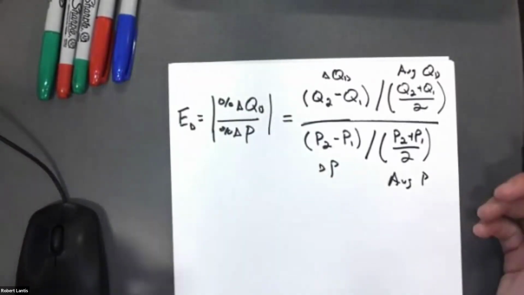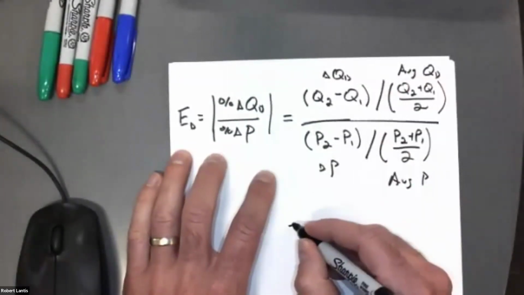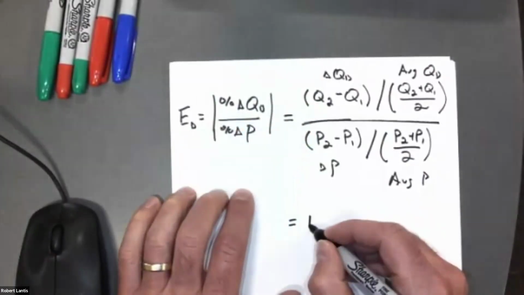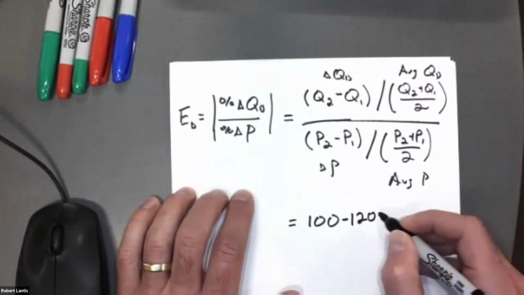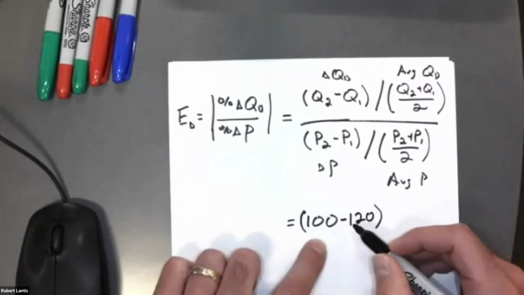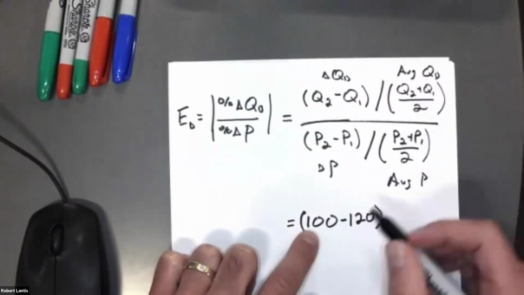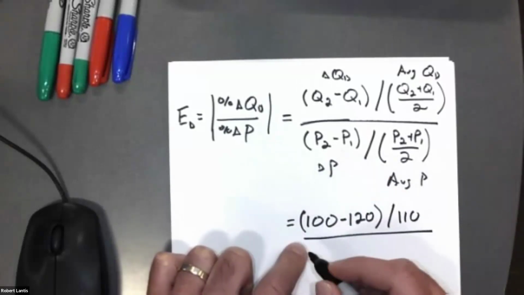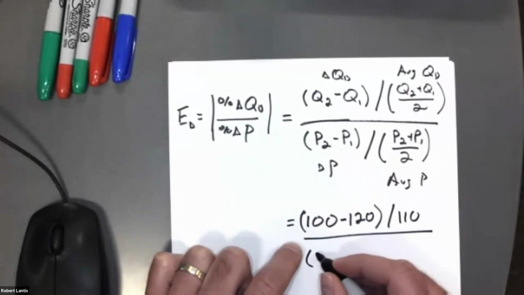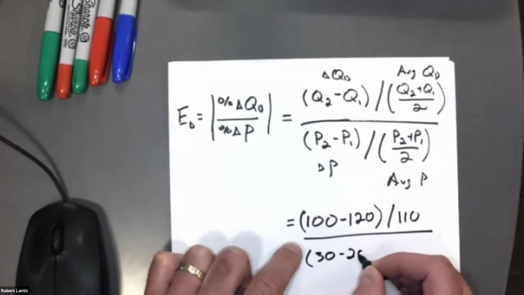From here, it's just a matter of plugging in our values. The new quantity was 100 minus the old quantity of 120. I can look at the average, which is going to be 110. And then the change in the price was going from 20 to 30.